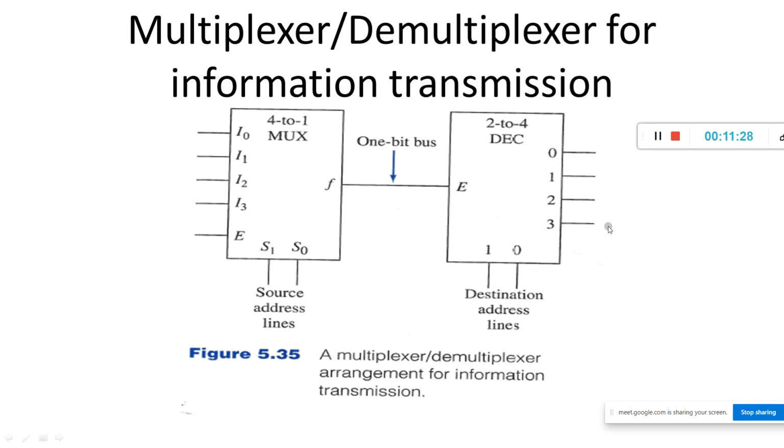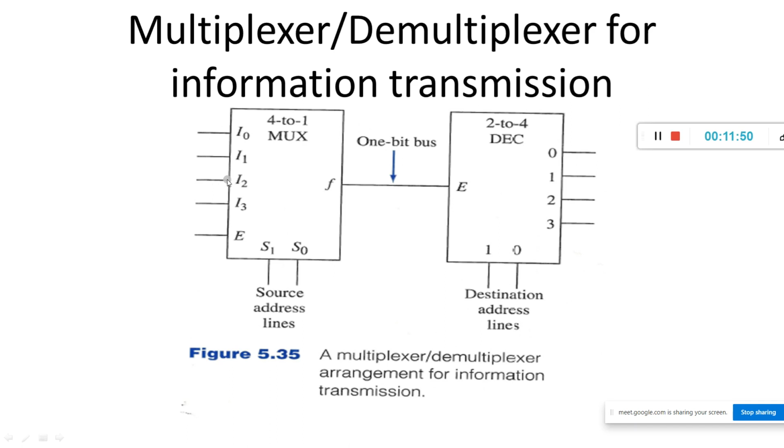This is an effective means for connecting the information from several source locations to the several destination locations. So here what happens is one bit of information is transmitted from any of the four sources. Four sources are which here? I0, I1, I2, I3.